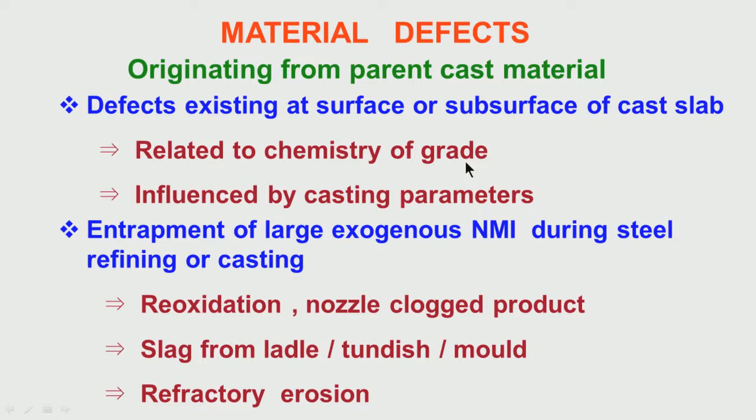I am not saying the chemistry is related directly, but the grade is. Because of a particular grade, certain types of defects are created. So, in that way the grade is responsible, or they might be influenced by the casting parameters themselves. Some are grade related.